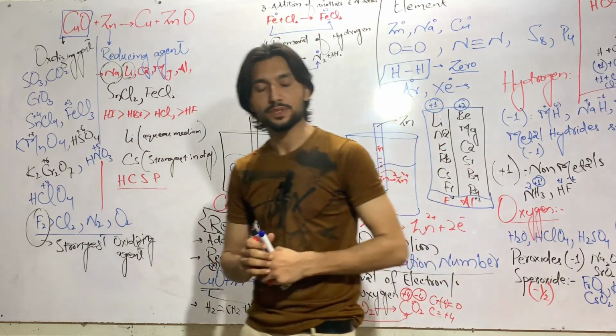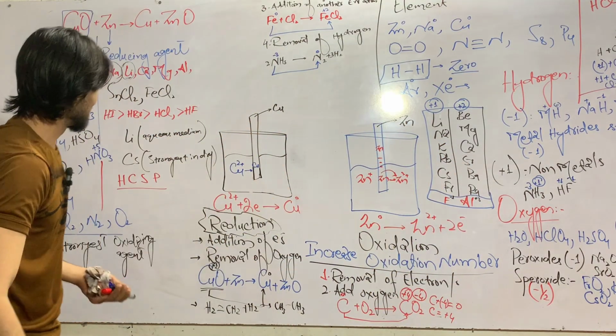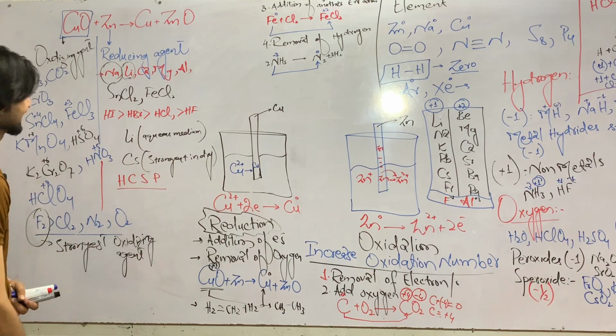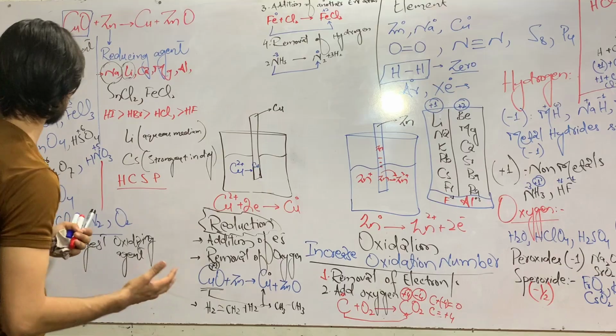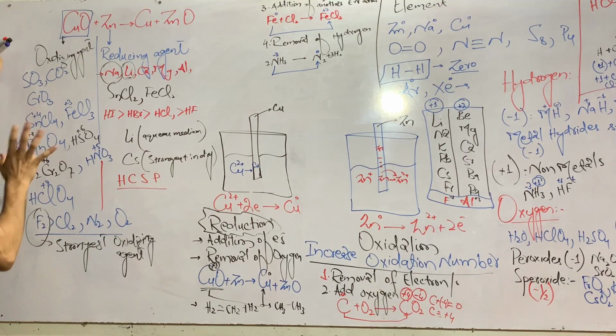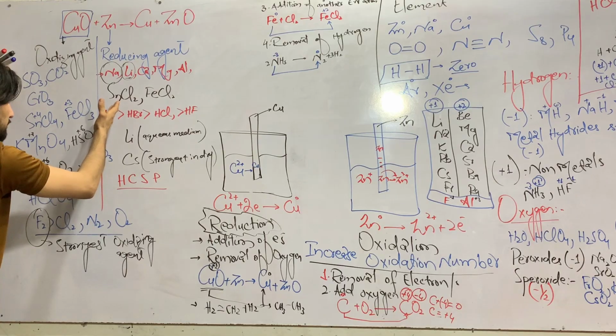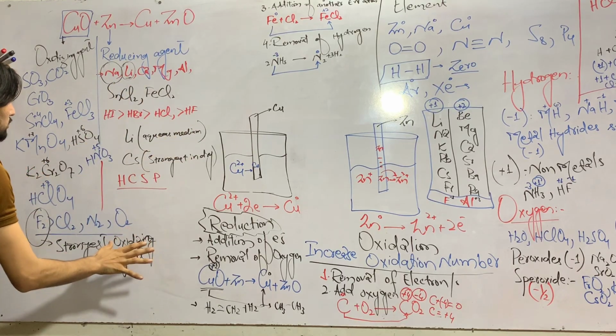Now we talked about oxidizing and reducing. How about finding the tendencies? Here we can see that some can attract electrons and others can give up electrons.